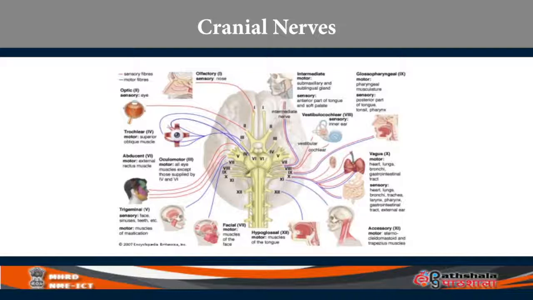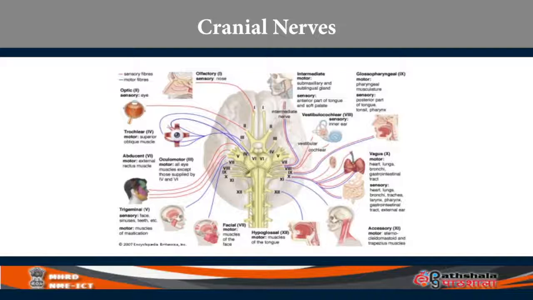You spend some time studying this figure to see the origin of the cranial nerve, and then you see the various organs where information is being carried either from the brain to the organ, or the organ is sending information from the body to the brain.